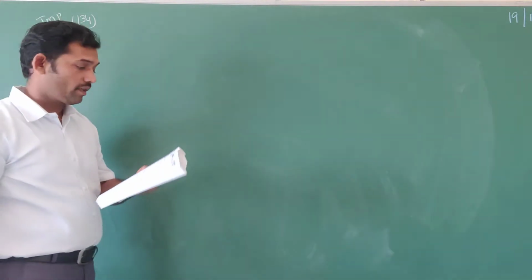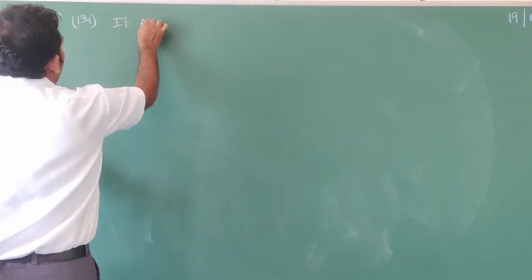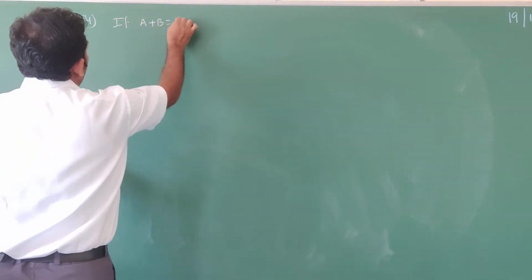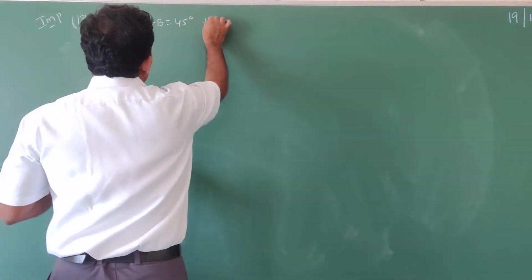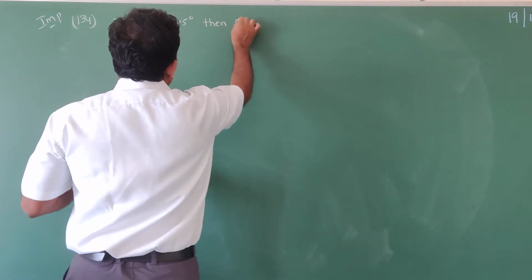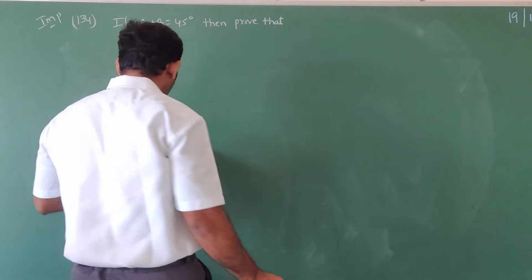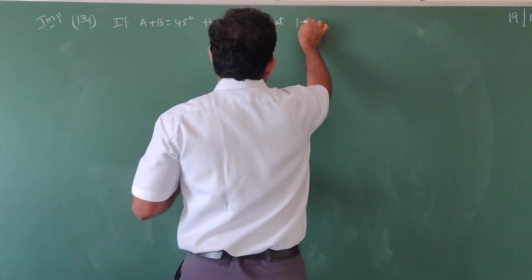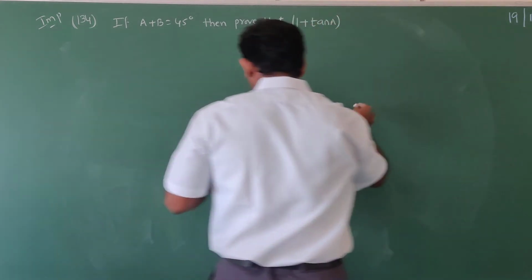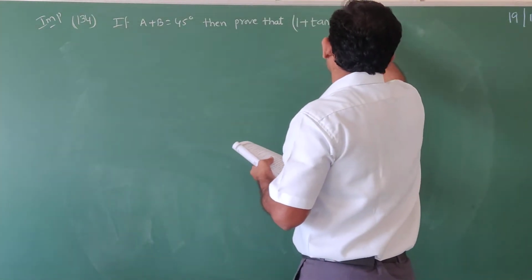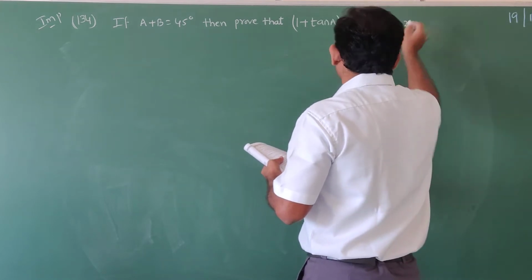No doubt. If A plus B is equal to 45 degrees, then prove that (1 plus tan A)(1 plus tan B) is equal to 2.